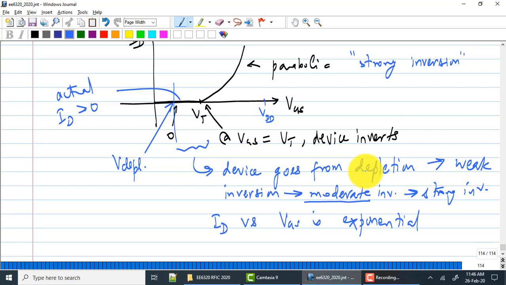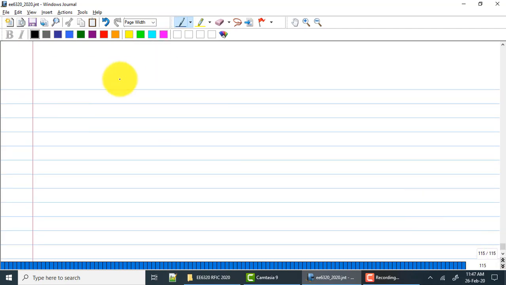So if VGS is comparable to VT, then you could have moderate inversion and the device transitions from exponential to square law. Okay.